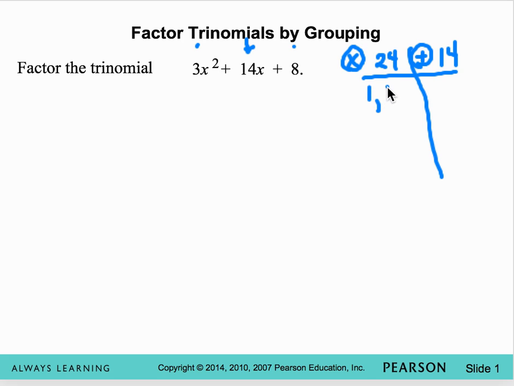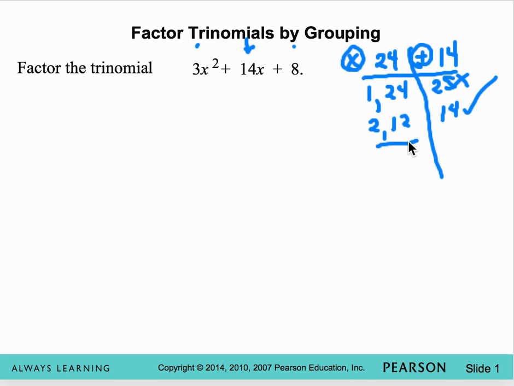Okay, well, 1 and 24. 1 times 24 is 24, but 1 plus 24 is 25. So that's not it. Okay, let's do 2. 2 times 12 is 24, and 2 plus 12 is 14. Oh, that's my numbers. Right? So I'm just going to go down all the list and find the pairs of factors. And I need the ones that multiply to give 24 and add to give 14.